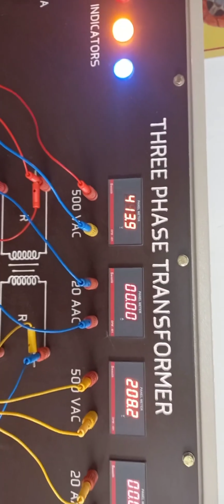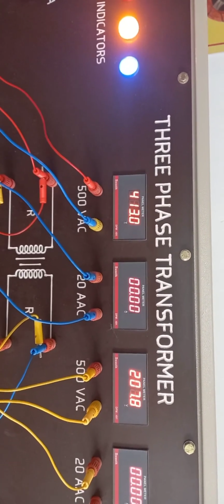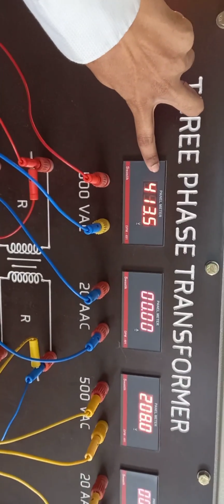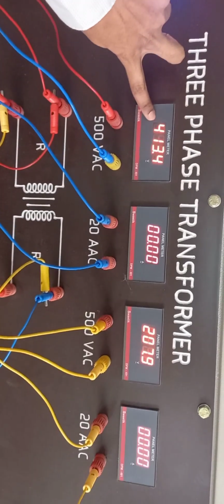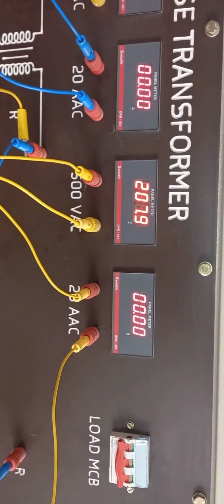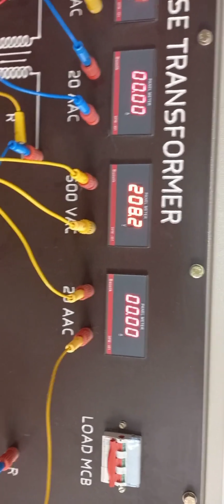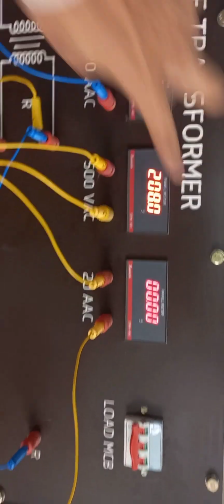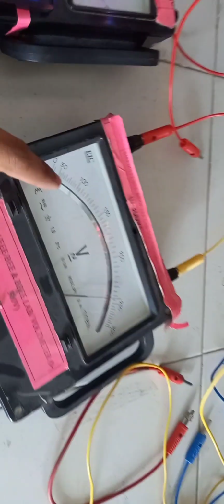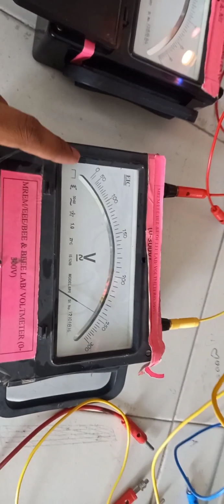Basically a 3-phase power supply of 440 we take, but here for safety purposes I have taken only 413 volts. This one is the phase voltage of the primary side of the star connection, and this 208 or 207 is the line voltage of the secondary side star connection, and in no load condition both the currents are 0.